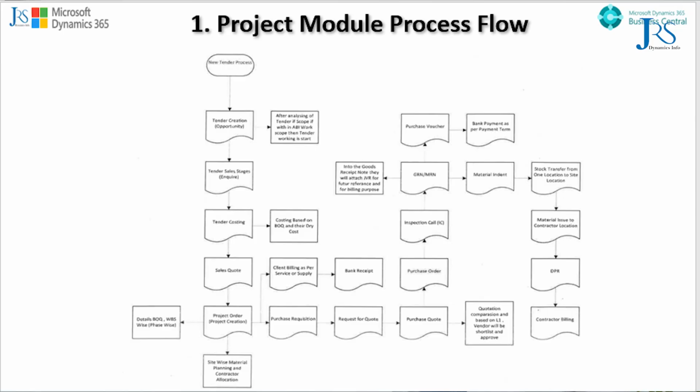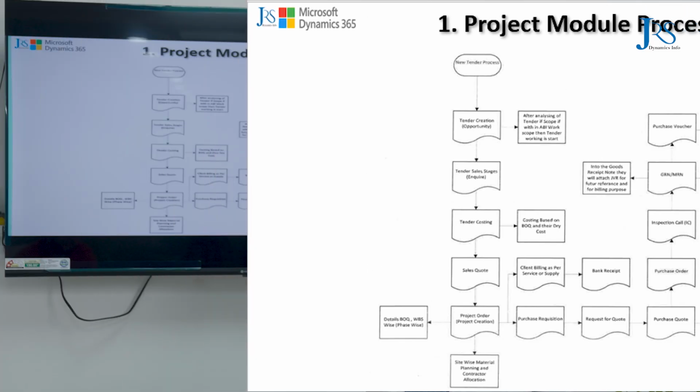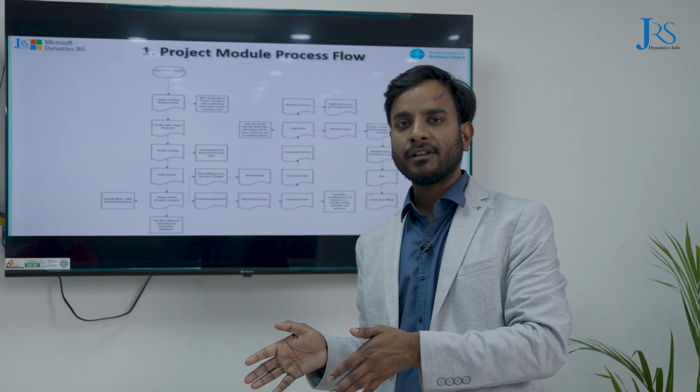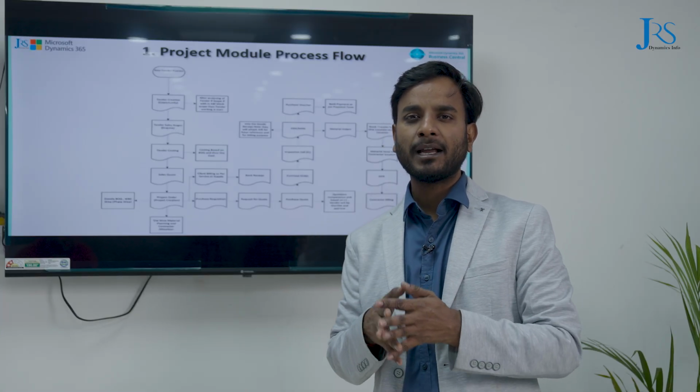We receive the tender document from the sources, government or private, and based on that we have to prepare the costing: what sort of things we have to use in that particular project. If it is EPC, what sort of material; if it is a supply project, we have to supply goods and do the service, so both supply and service.